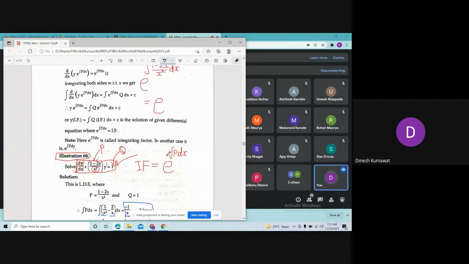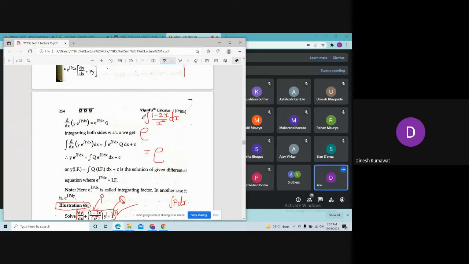Another way is what? You just multiply. I am going to write this P as minus integration of (minus 1 minus 2x) divided by x square. Or you can say you just take this negative sign outside, you just multiply and divide by the negative sign. Now what you are going to observe?